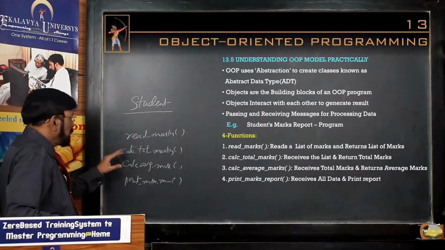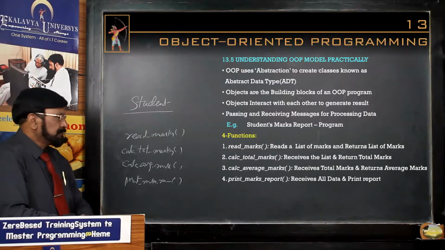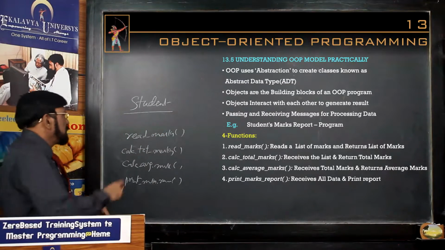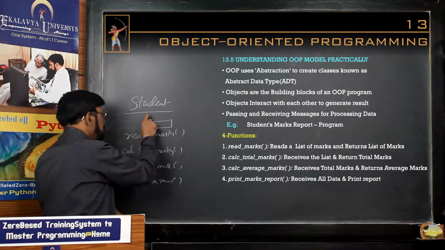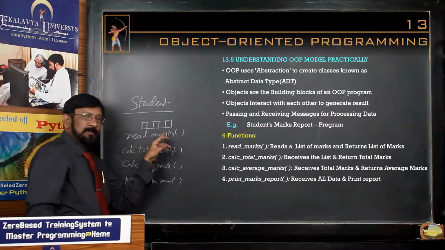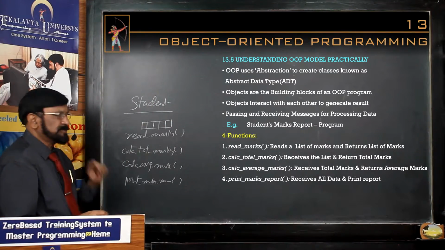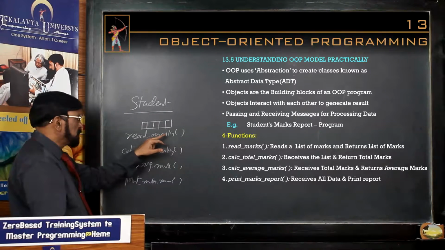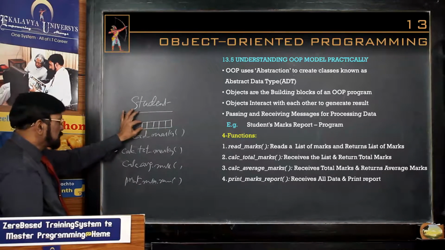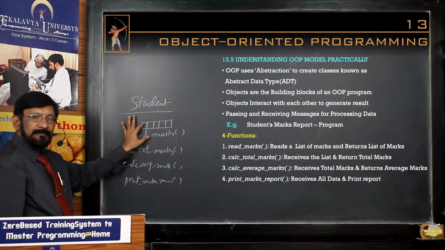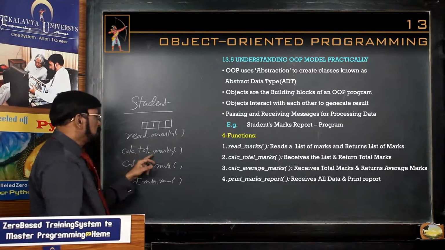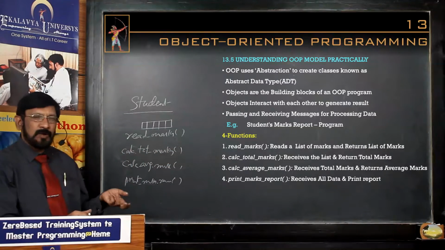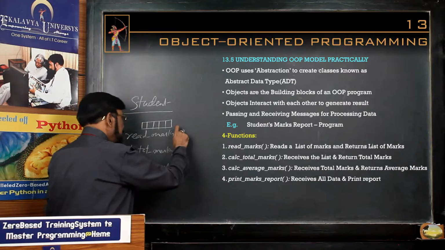Okay. Now how do they interact with each other? The read marks function reads marks and puts them in a list. There are 5 papers. It puts all the marks in that list. It reads them using the input function and stores the values here. Okay. Then the total marks function has to calculate total marks.